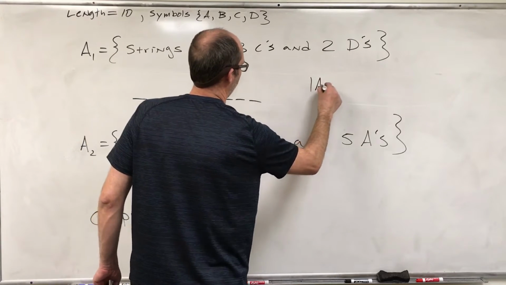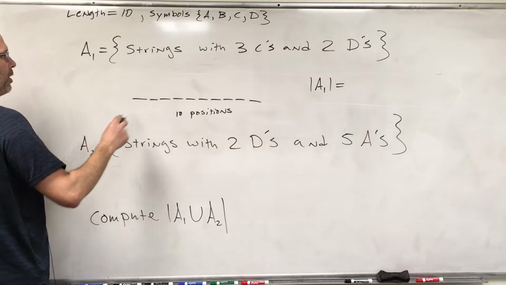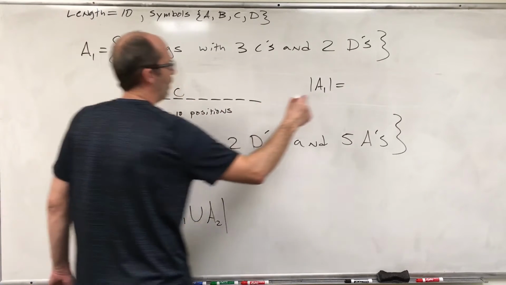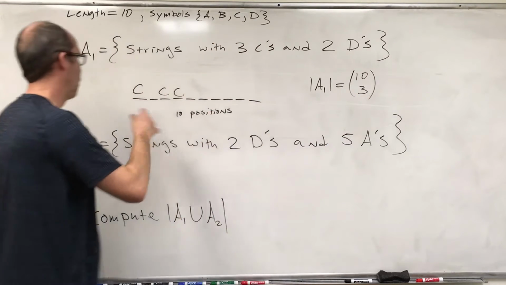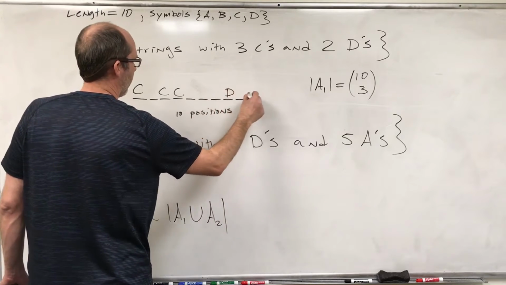All right, so the cardinality of A1. We have 10 positions, choose 3 to be C's. So we've got 10 choose 3. Now, once we've chosen those 3 positions, we choose 2 to be D's.